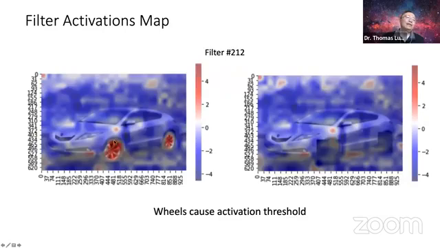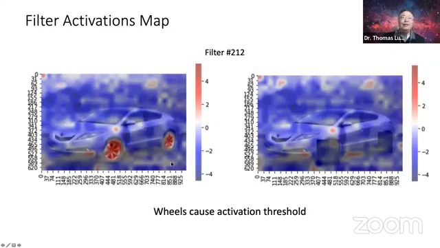When the filter sees the wheels, it gets activated. You see the red one. When we take this wheel apart, hide it, it's not activated. So you can see very clearly this filter is responsible for detecting wheels.